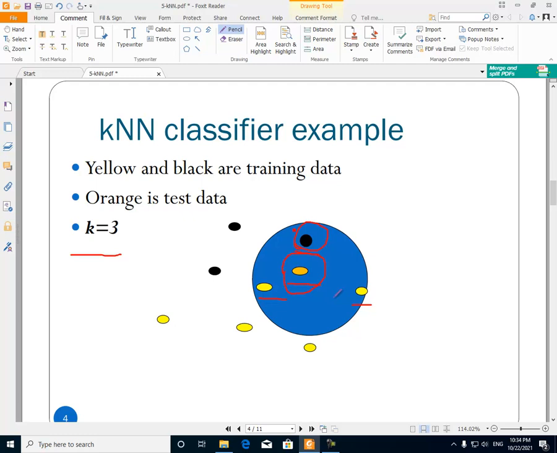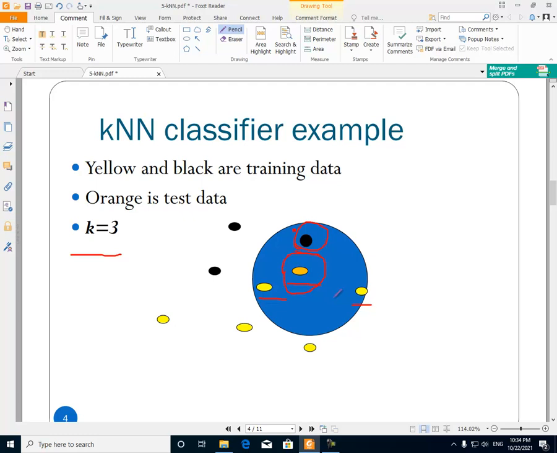It is working based on the neighbors of the data. That's very important. It is doing a prediction based on the neighbors of data.